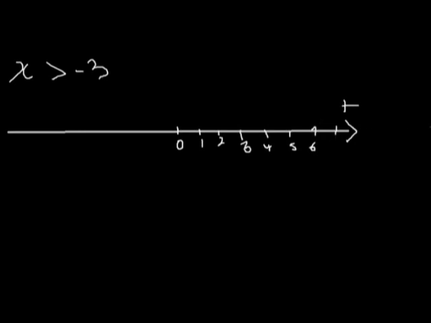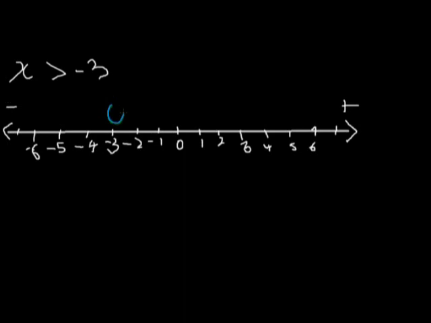And then from 0 backwards we will have negative 1, negative 2, negative 3, negative 4, negative 5, negative 6, negative 7, negative 8, and it will continue towards the left hand side, negative infinity.